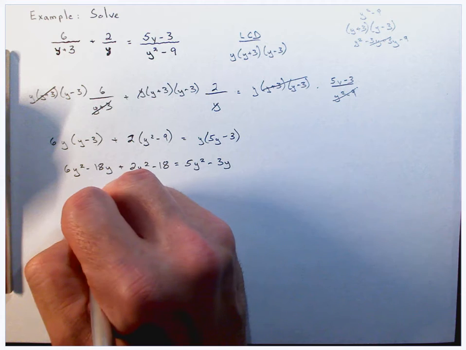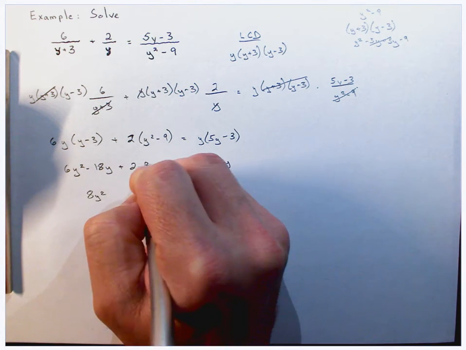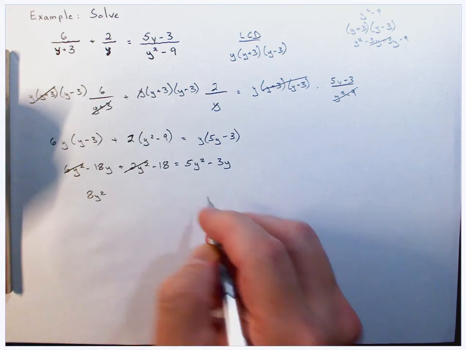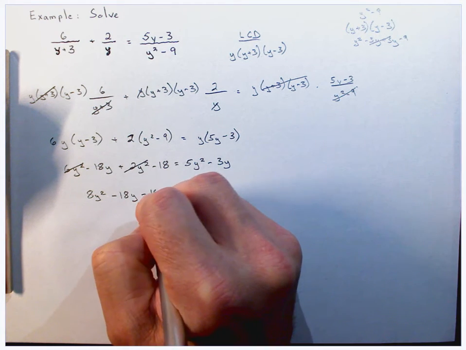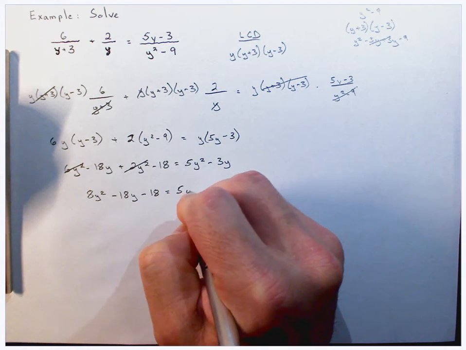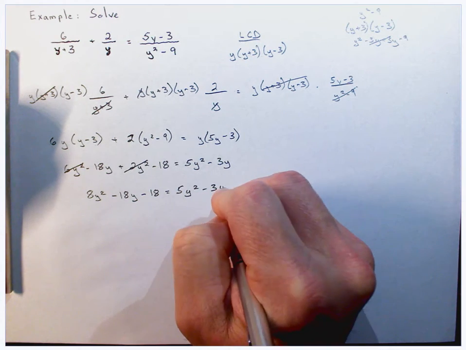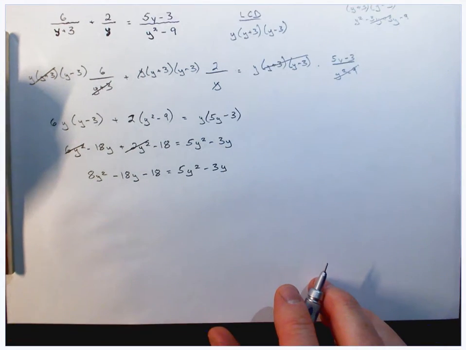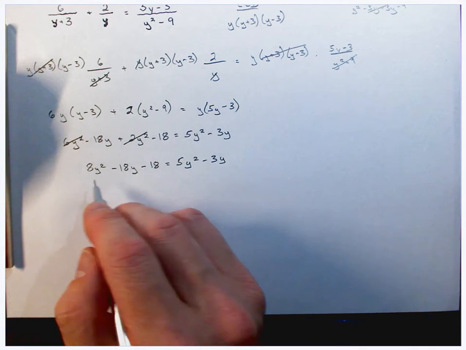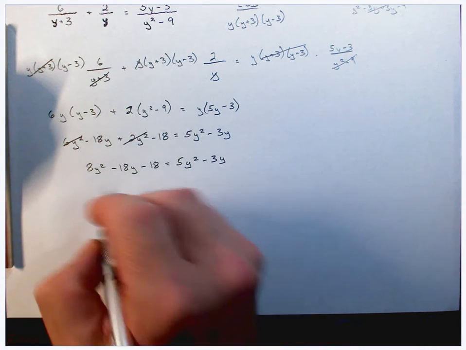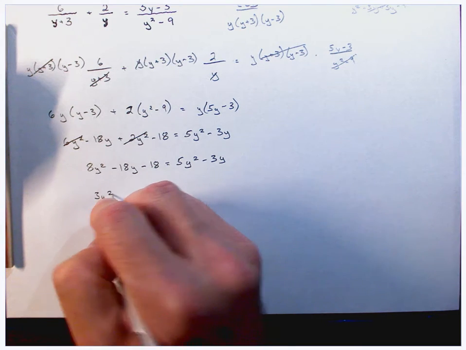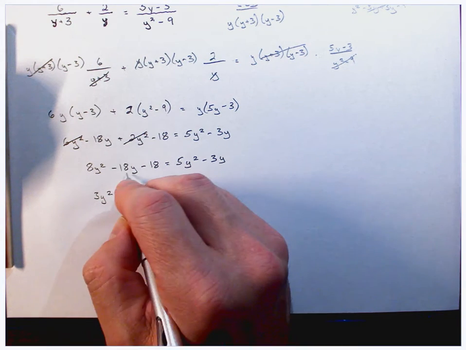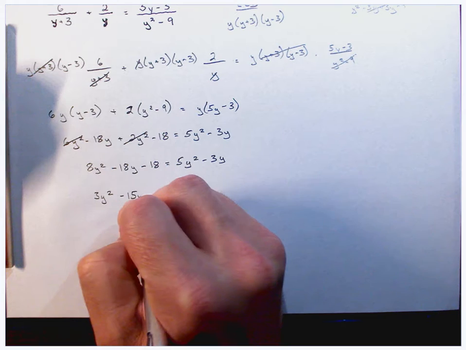Alright, so that becomes 8y squared, 2y squared plus 6y minus 18y minus 8. Now I'm going to move these terms over, so I'm going to subtract 5y squared from here. That gives me 3y squared, and then I'm going to add 3y over to here, and that gives me minus 15y.